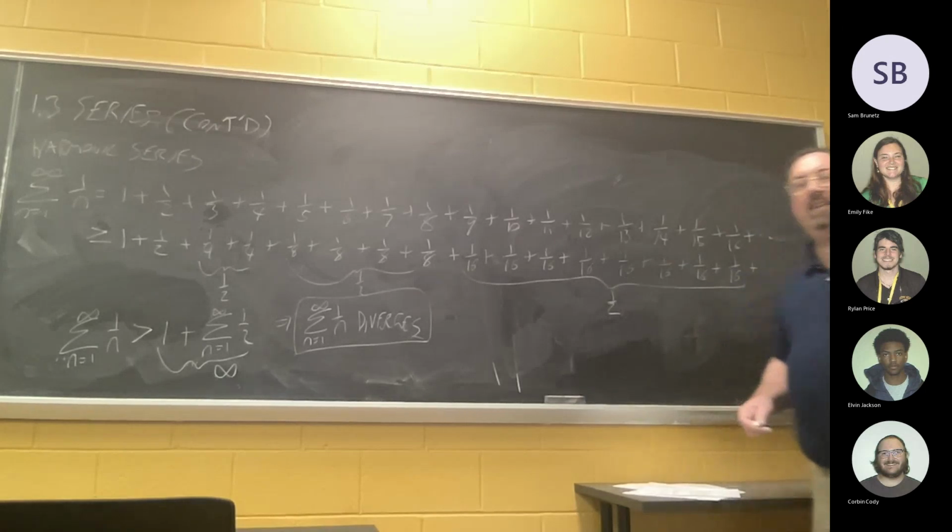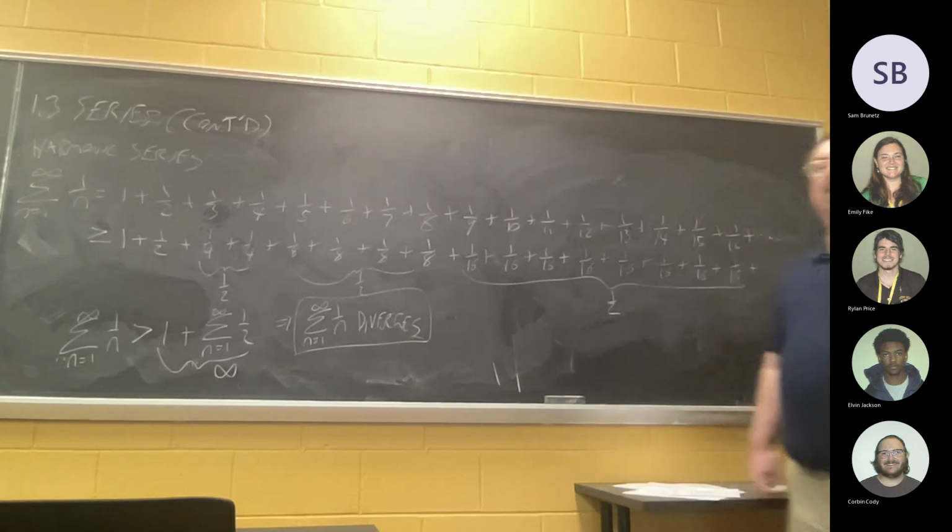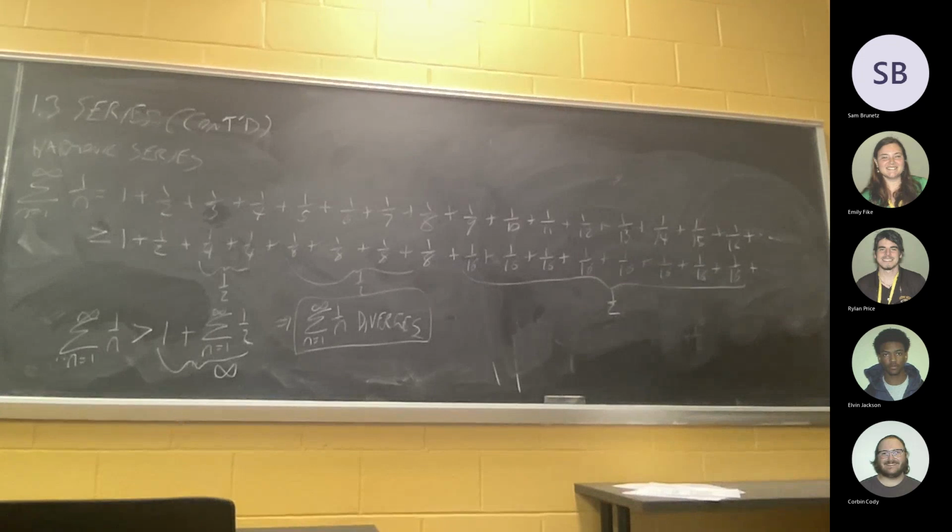It almost seems like the further you get along, it does converge somewhere, because at that point you're just adding up a smaller decimal every single time, like 1 over 1,000 plus 1 over 1,001. Yeah, you are adding on smaller and smaller numbers. But it doesn't seem like it would actually reach a half, because the number keeps getting bigger on the bottom. Yeah. It's not actually staying there.